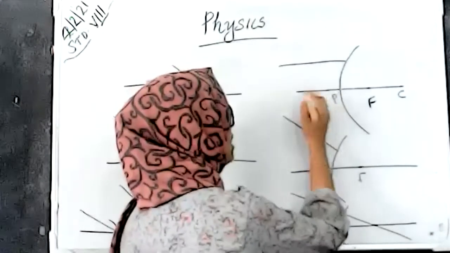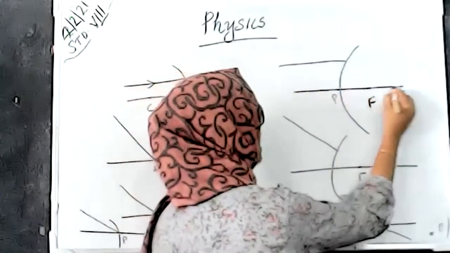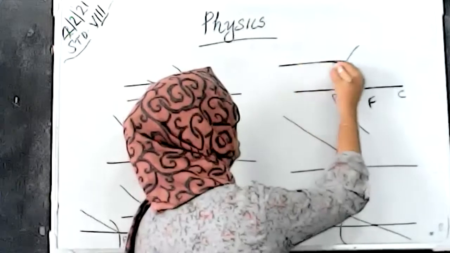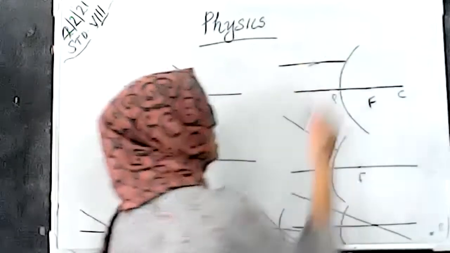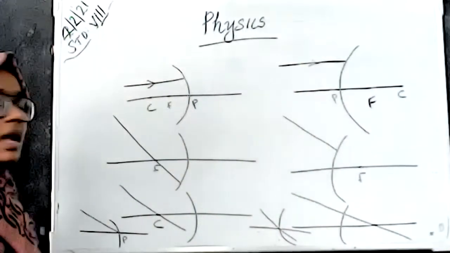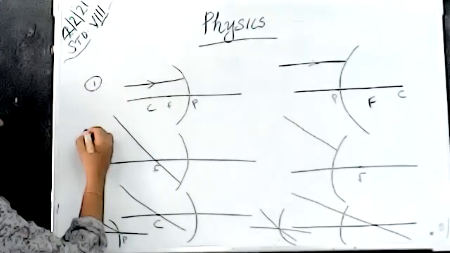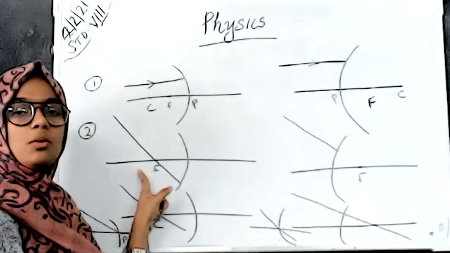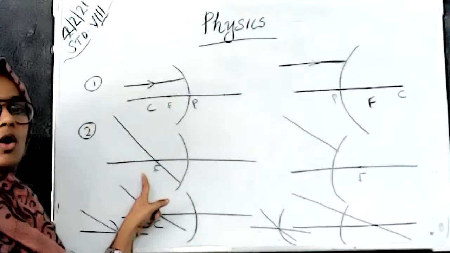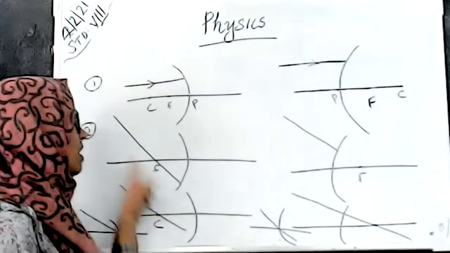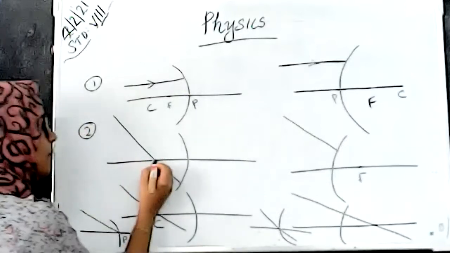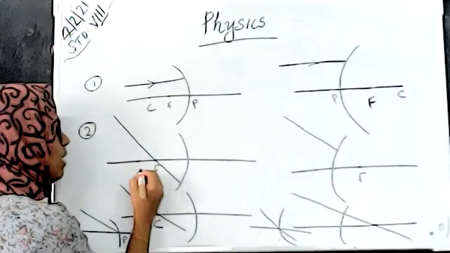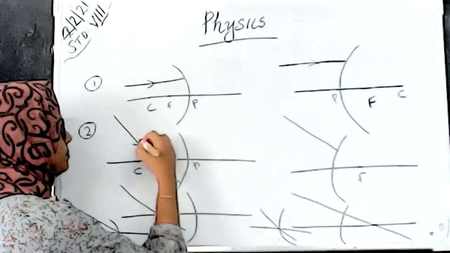This is the principal axis, and the ray of light is incident parallel to the principal axis. In the second one, the ray of light is falling through the focus of a concave mirror. The ray of light is passing through the focus of a concave mirror.